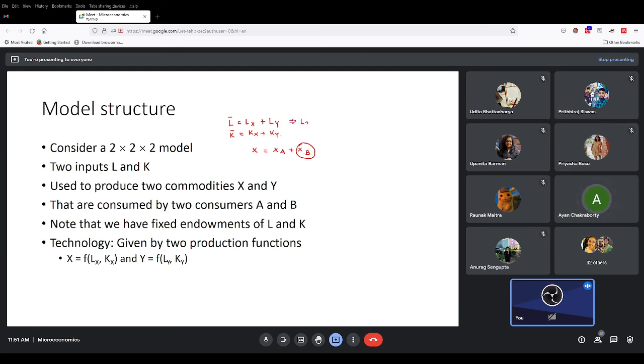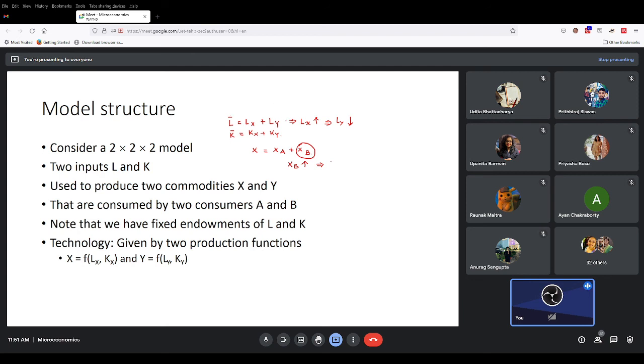Yes. So here we can see that Lx increase implies Ly fall. But here, if Xb increases, does Xa have to fall? Why? Can we increase labor and capital?